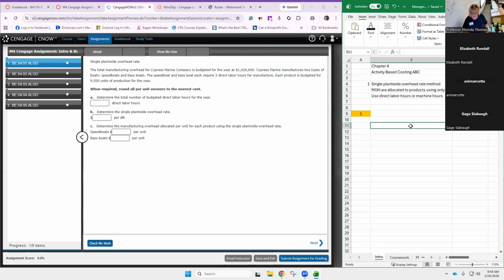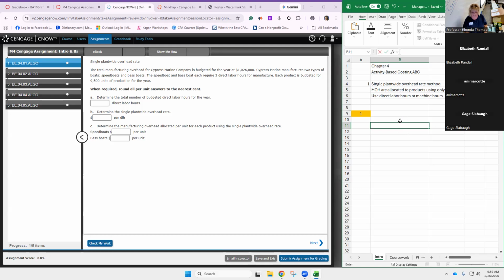So let's put estimated, and I'm going to scooch this over just a little. There we go. I like to put the word estimate. If they use the word budgeted, that's fine, but my brain uses the word estimated better.